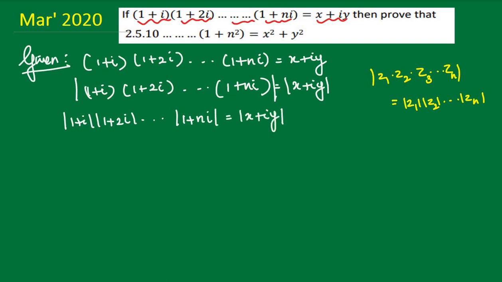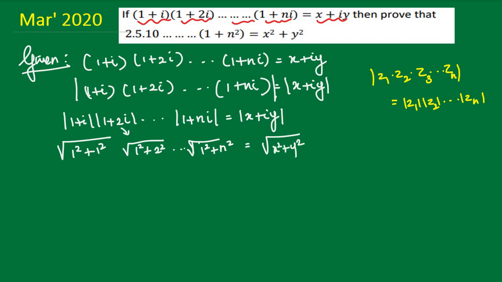Modulus, we know, is the root of real part square plus imaginary part square. So 1 square plus 1 square. The modulus for this will be root of 1 square plus 2 square, and it goes on up to the nth term, root of 1 square plus n square, which is equal to root of x square plus y square.